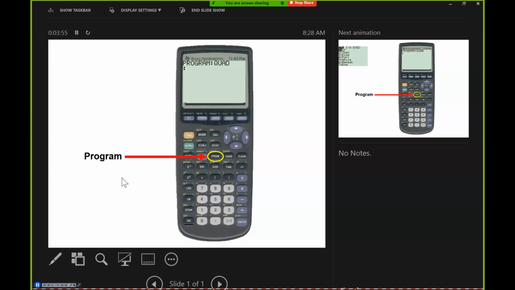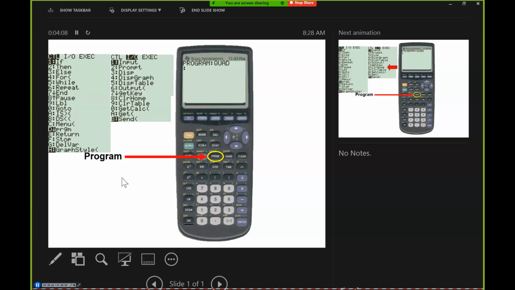So the first thing that we're going to do is press the Program button again. That's going to open up a menu that looks like this. I need you to move over to the I/O tab. So now your menu looks like that menu on the right. And from the I/O tab, we're going to select the clear home command. Should do that first.